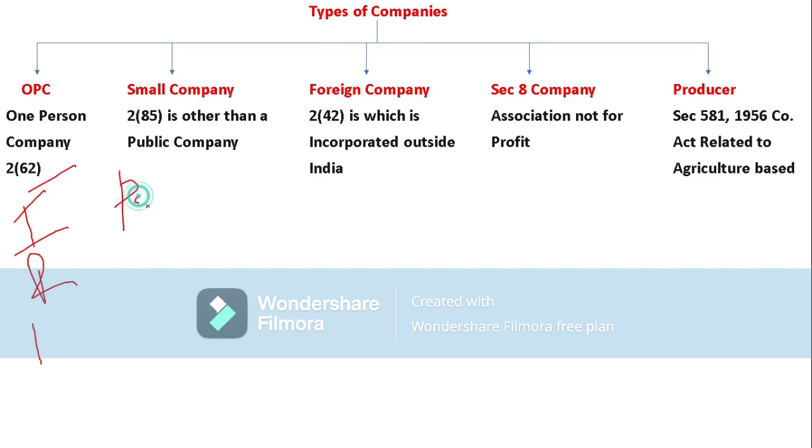Paid up share capital should be 50 lakhs to 5 crores, meaning it should not exceed 5 crores in a small company.